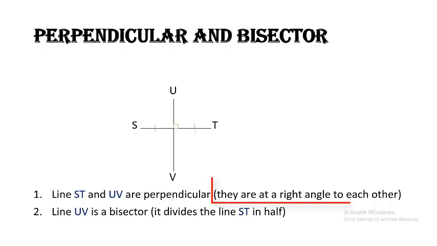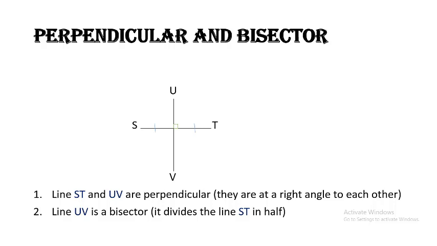Because they are at a right angle to each other. Those two lines have formed angles that are 90 degrees. Have you seen that square at the corner there? All those angles are right angles. So we call these lines perpendicular lines.